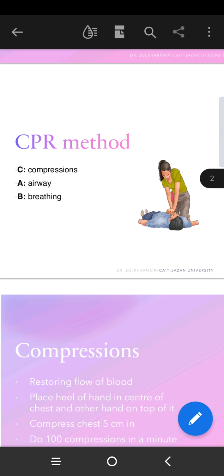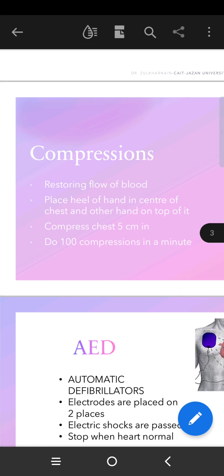Compressions, airway. And similarly you can expect an MCQ, a multiple choice question, in which you can be asked CPR means, like that. So C for compressions, like that you may be asked. You can be given many choices, and among them you have to write down one choice. Similarly, compressions.